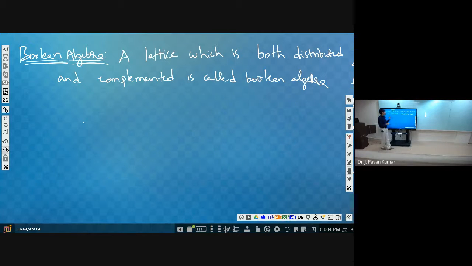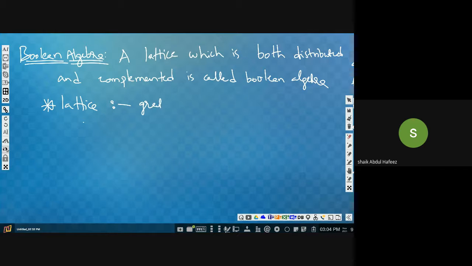That means first of all it should be a lattice, and it should be both a distributive lattice and a complemented lattice. What is the restriction for a lattice? How can we identify it easily? It should have a greatest and a least element. This is the trick.